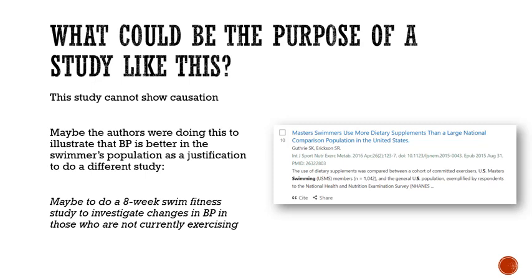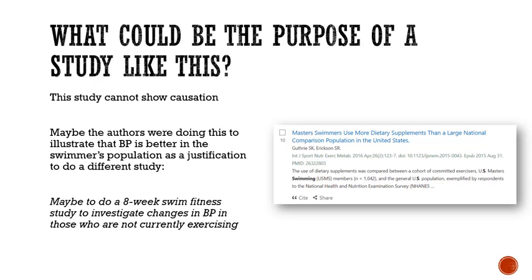So it looks like what they were doing is they had access to some data sets, and then using those data sets, they were able to answer some questions. And so on one hand, I'm jealous that they had access to these great data sets.